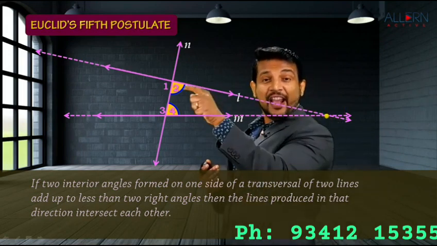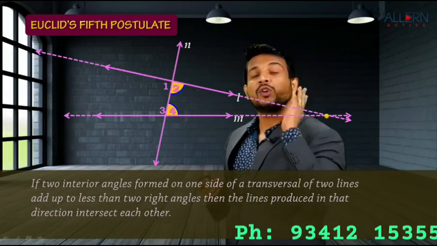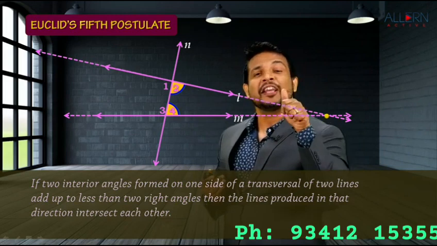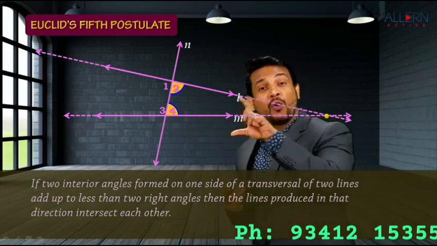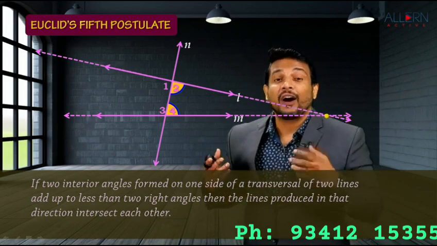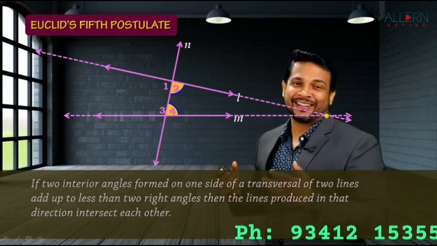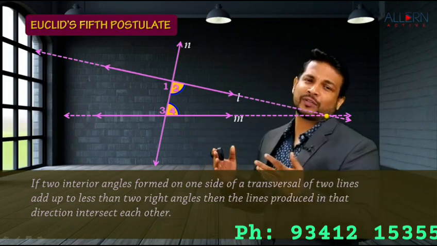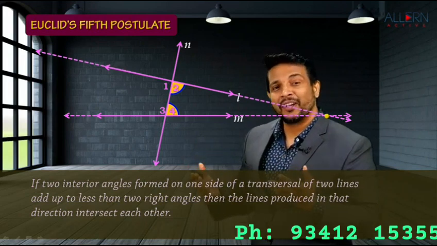Now, if we have the interior angles and their sum is equal to 180, then these lines will not intersect and they will become parallel. They will not intersect, they will go on extending, they will become parallel. That is how from this postulate itself we understood when lines are said to be parallel, right? And that is all because of the great Greek mathematician Euclid, who is considered the father of geometry. So wasn't that easy?